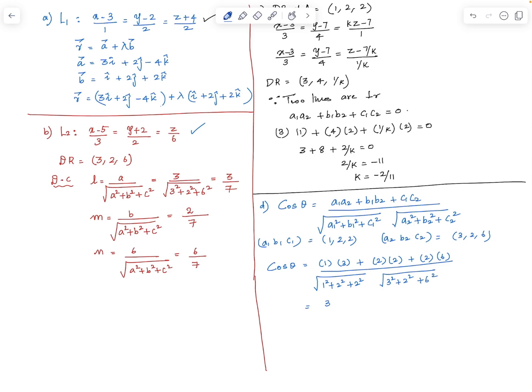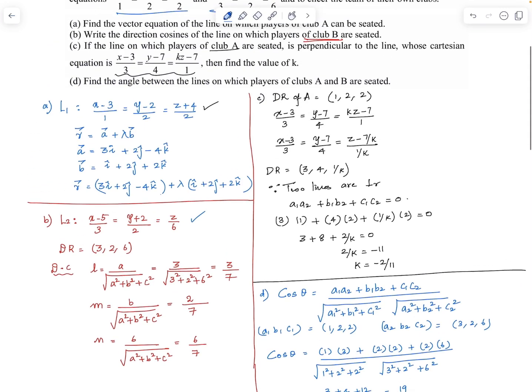That is 3 plus 4 plus 12 upon root 9 into root 49, which is 19 upon 21. That is theta is equal to cos inverse of 19 upon 21. So this is the angle between the lines on which the players of club A and club B are seated.